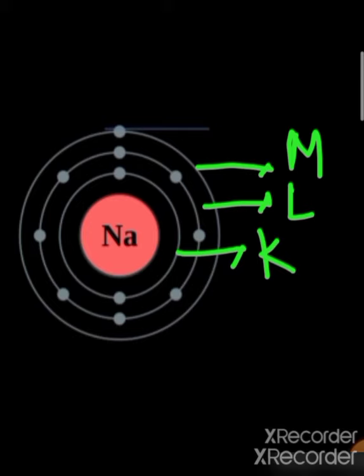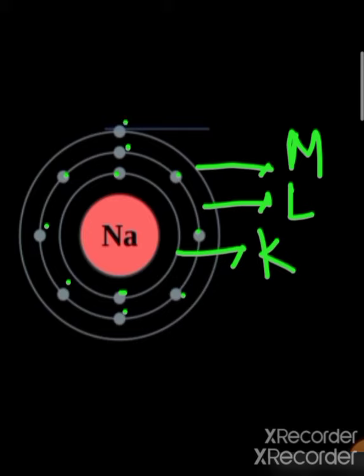In the second shell, L, there are 8 electrons, 1, 2, 3, 4, 5, 6, 7 and 8. And in the third shell, the M shell, there is 1 electron.